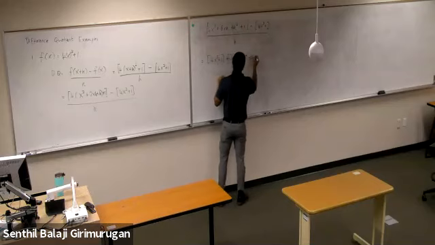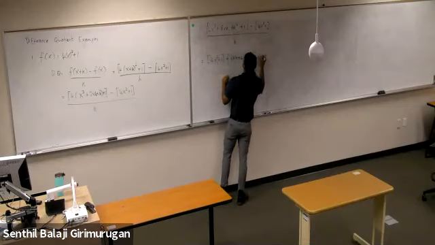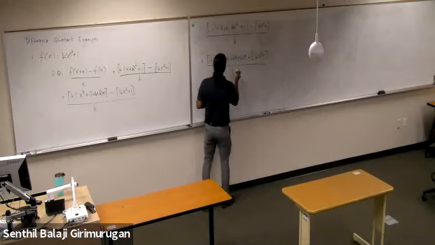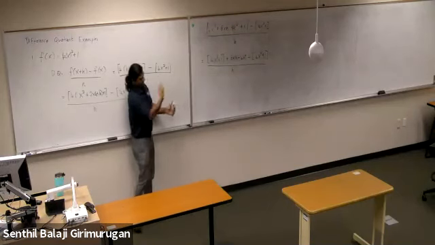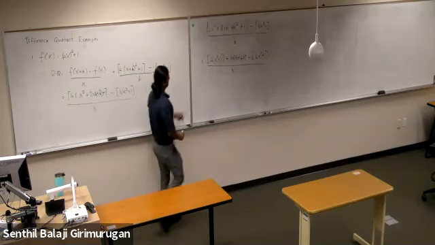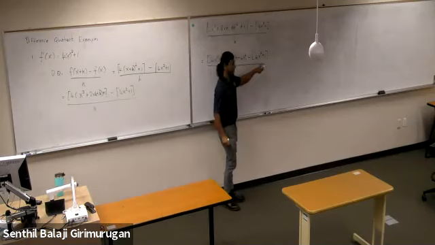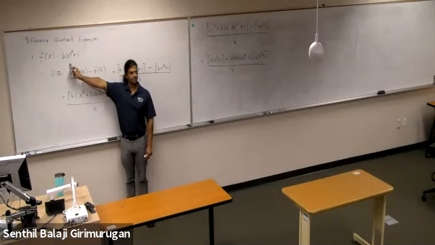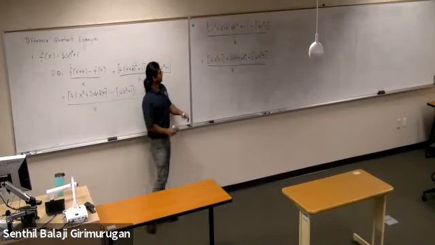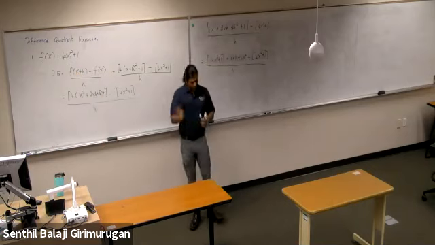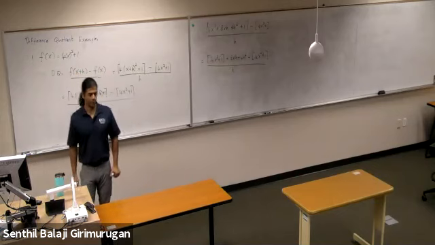Divided by h. What do you see? What's going to get cancelled? 4x squared plus 1, 4x squared plus 1, but that is the original function. So this should always go away. Typically, with polynomials, it will always go away.